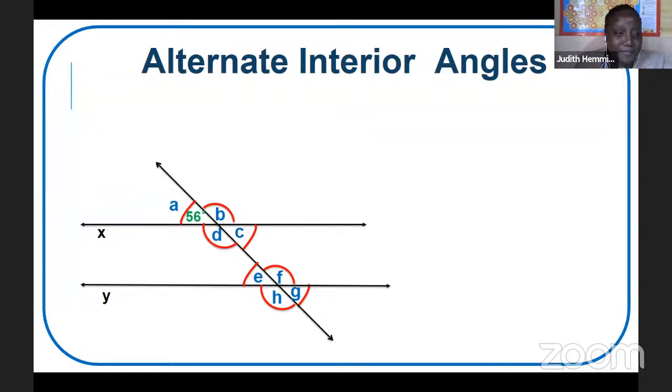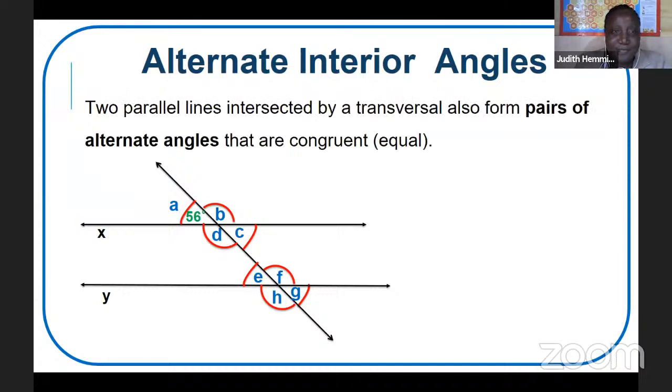So can you give me pairs of angles which are alternate interior angles? Give me some pairs of angles that you say are alternate angles. C and E, good. Any other? Are we getting any other on YouTube? I'm checking. All right, so we're seeing D and F as well.